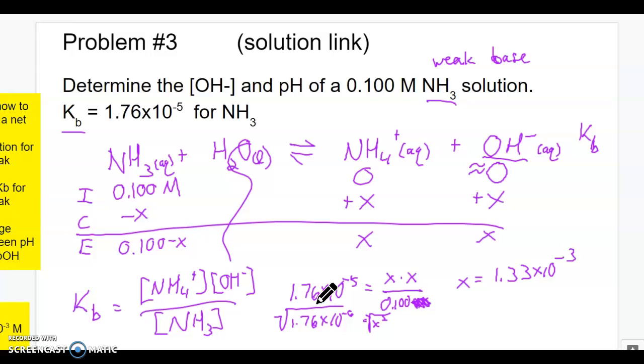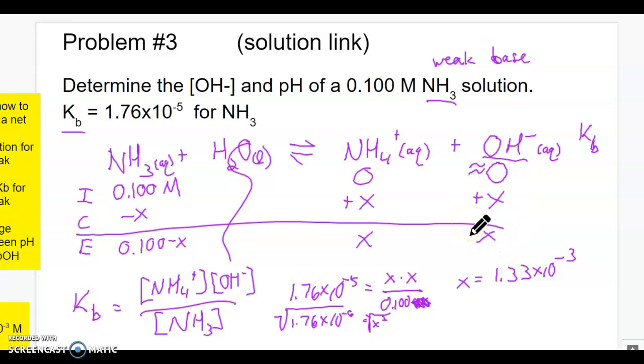Now, when I'm using my ice table, there's a couple things I want to check. This is really close to what I want, and it asked me for the OH minus concentration and the pH. This is the OH minus concentration at equilibrium, because that is x.